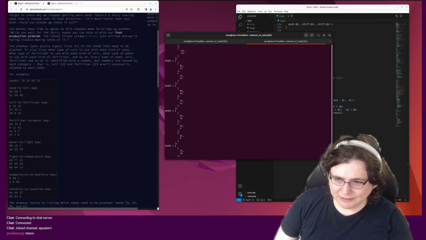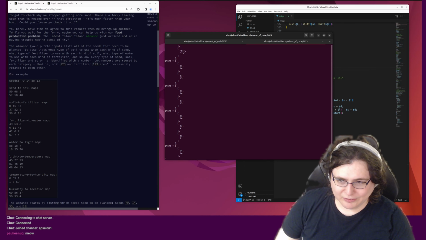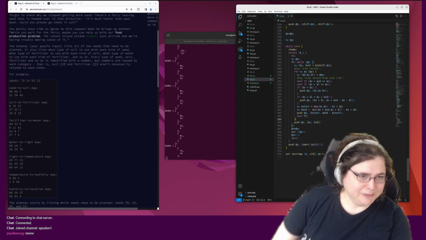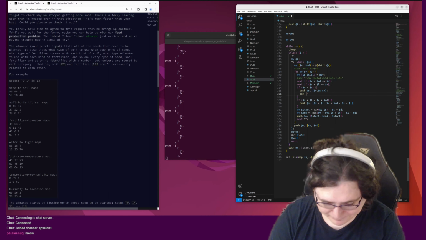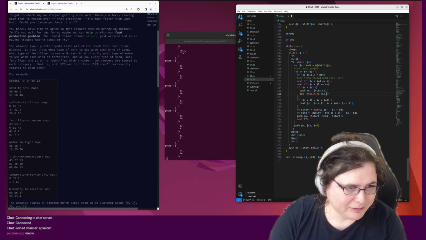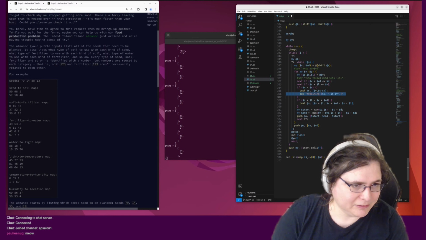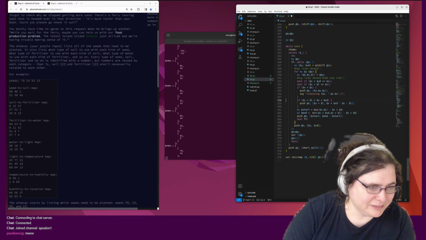X149. So length. Actually, okay. Let's print that.